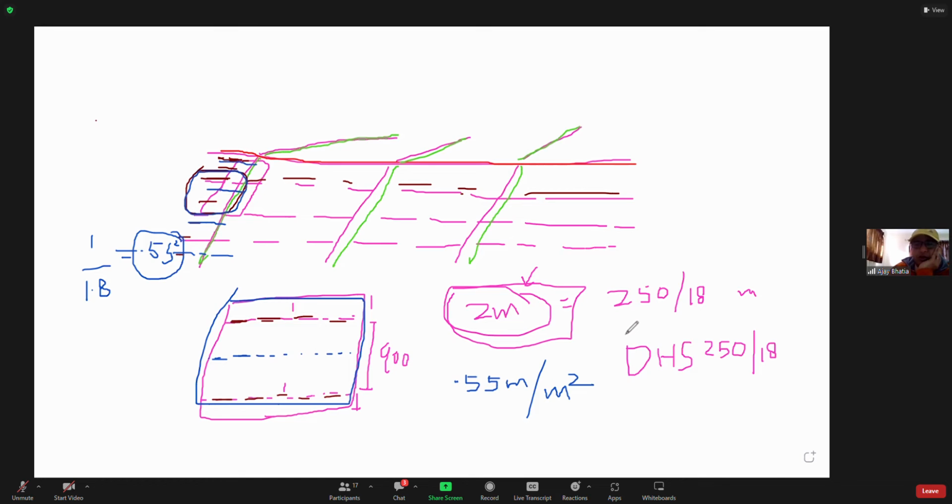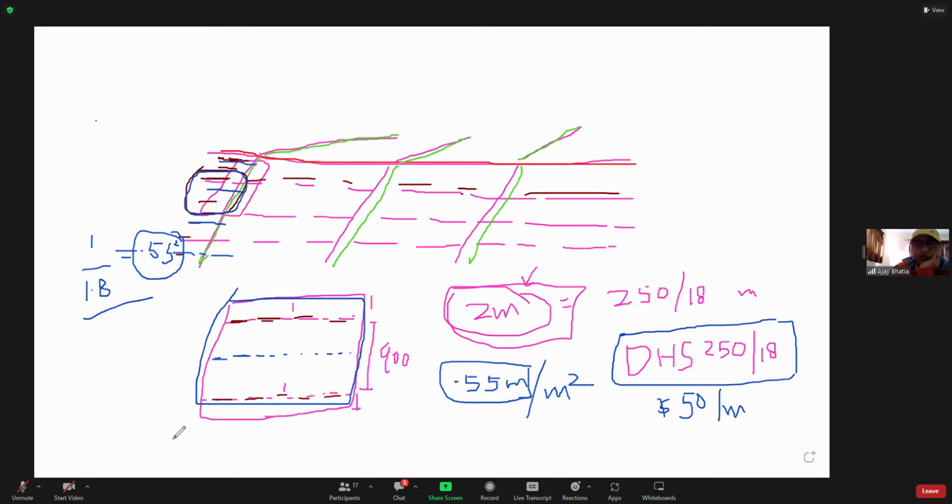You go back into your rate for that purlin. So for DHS 250, the rate probably would be, say for example, $50 per meter. So if the rate is $50 per meter, and in 1 square meter only 0.55 meter of purlin is being used, which you have just calculated, what would be the rate of purlin for 1 square meter?